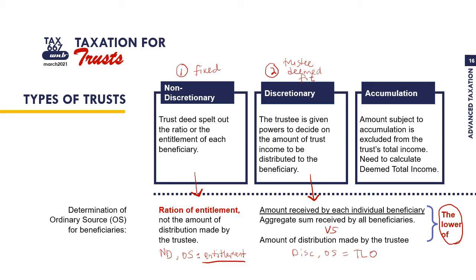Okay, that's easy, right? The second type of trust is the discretionary trust.